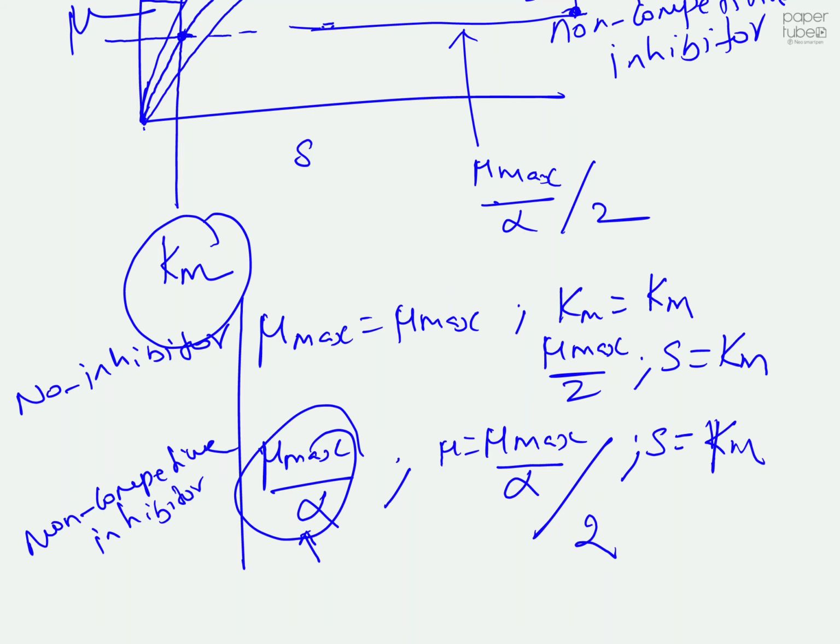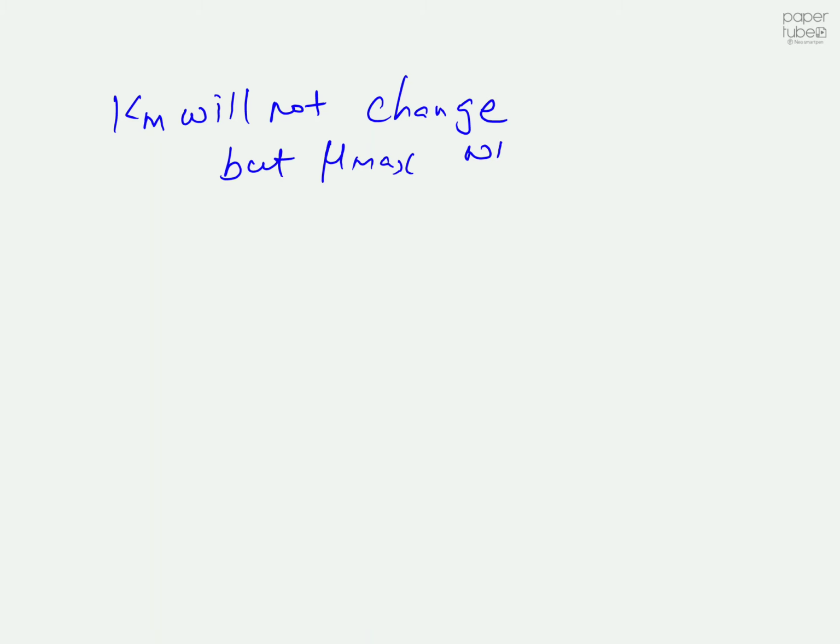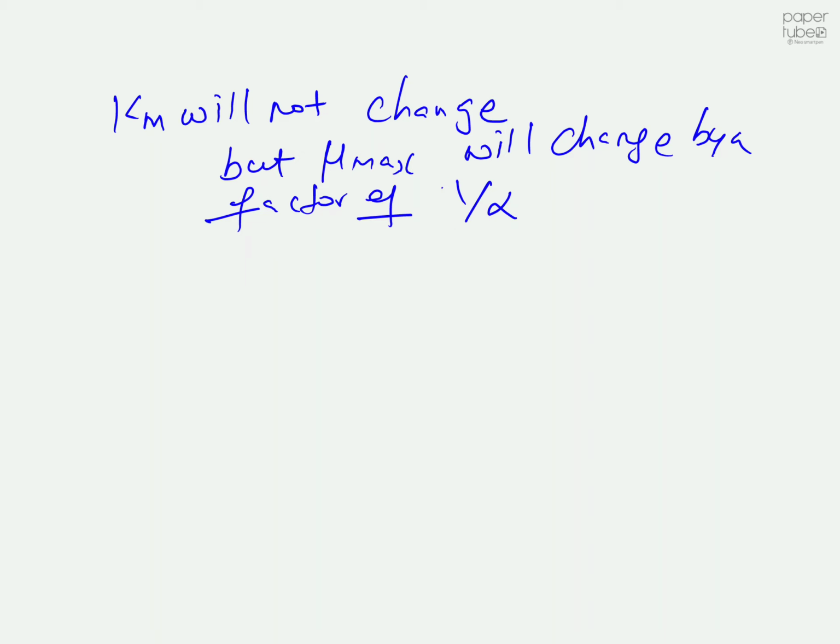So your Km will not be altered, Km will not change, but your mu max will change by a factor of alpha, 1 by alpha to be precise. So this is for non-competitive inhibition.